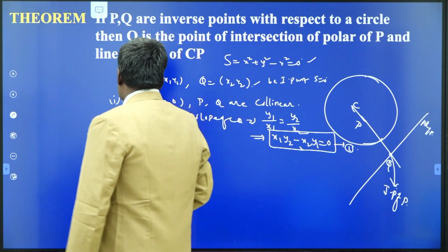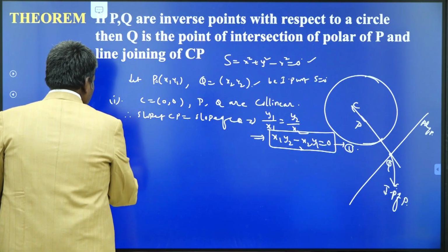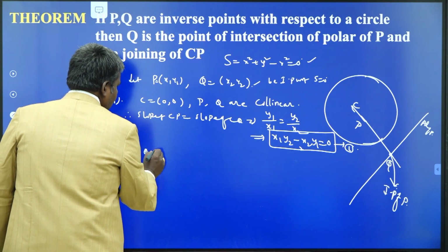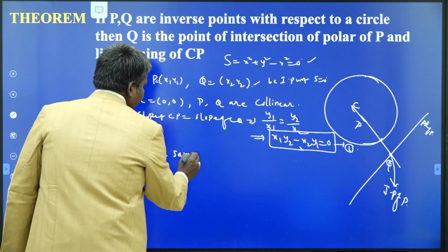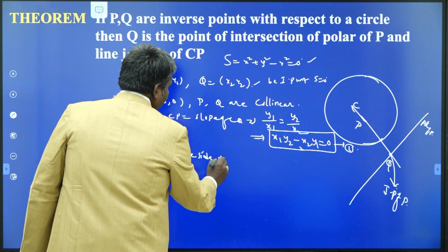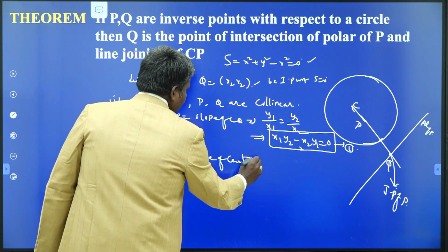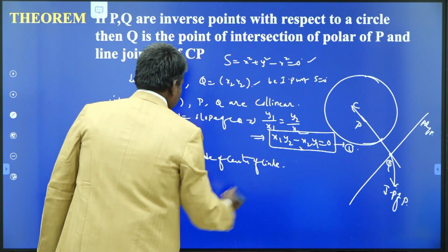Next, P, Q are on the same side of the center of the circle. Listen carefully.